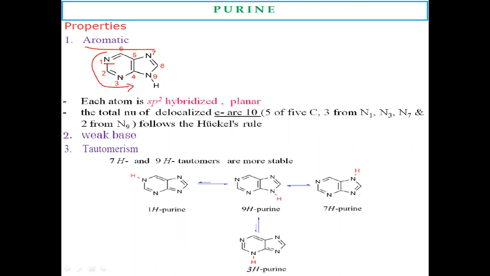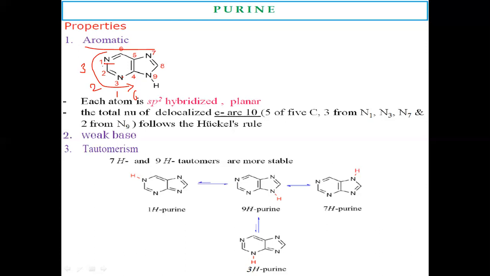Instead of this pyrimidine ring numbering, the numbering in the structure goes anti-clockwise. Instead of this number, we have to go with this number. 1 goes to this nitrogen atom, 1, 2, 3, then 4, 5, 6. Then the junction of fusion is 5 and 6, which is greater than 4 and 5.